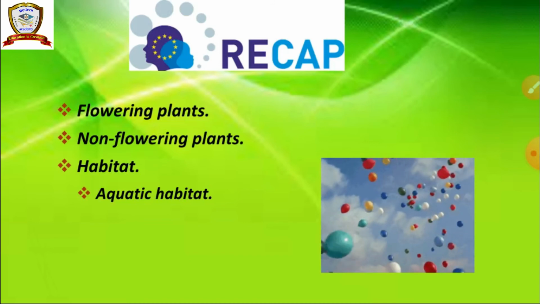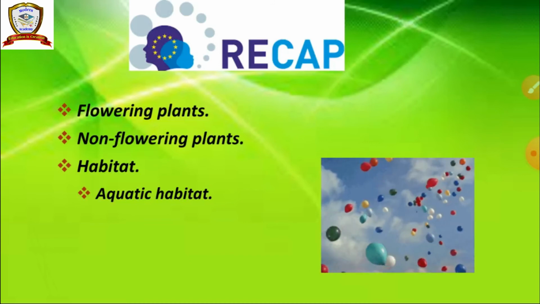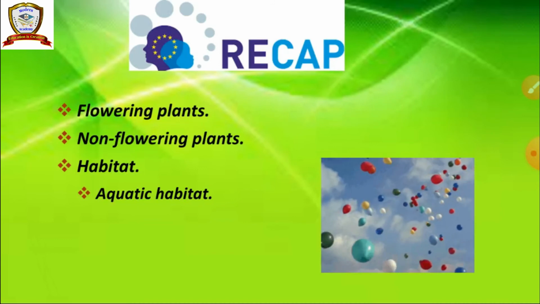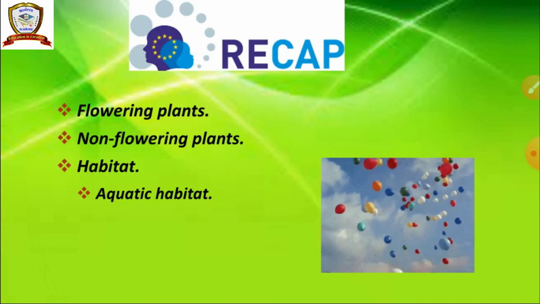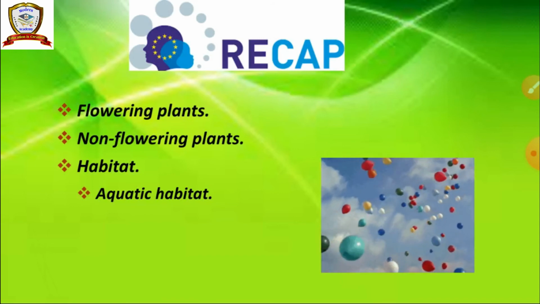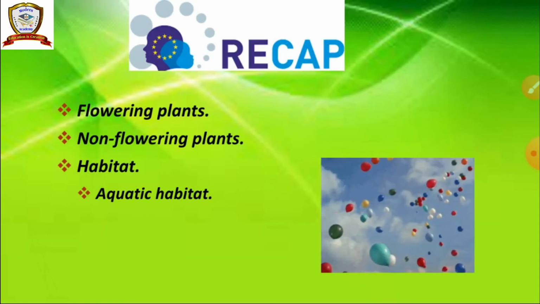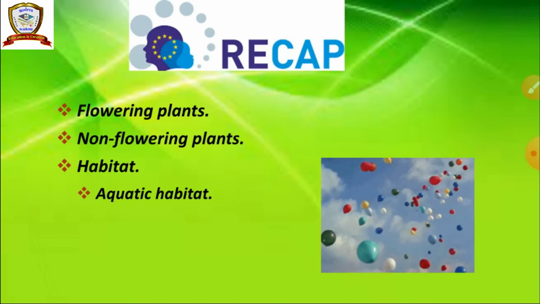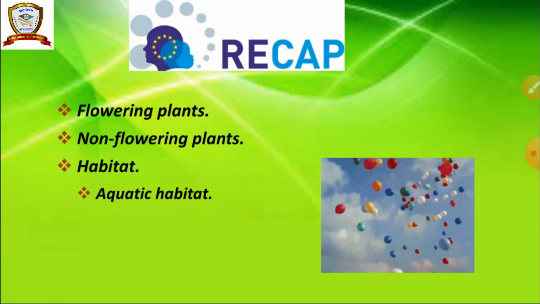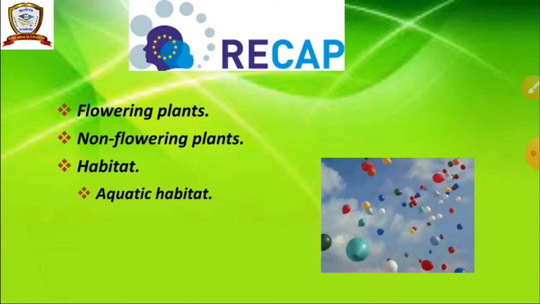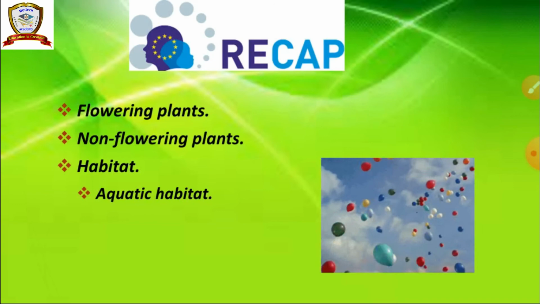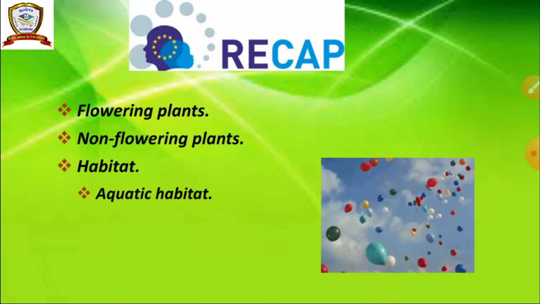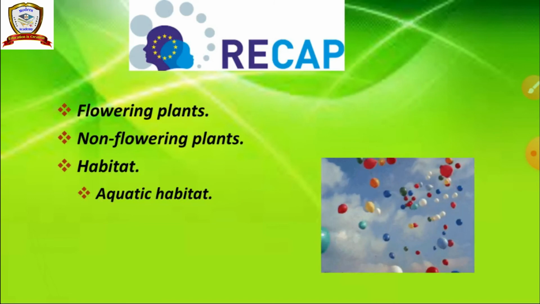But in the gymnosperm, the seed is not present in the ovary, because this is a non-flowering plant. The seeds are on modified leaf-like structures present on the plant. That name is bracts, B-R-A-C-T-S. Bracts.